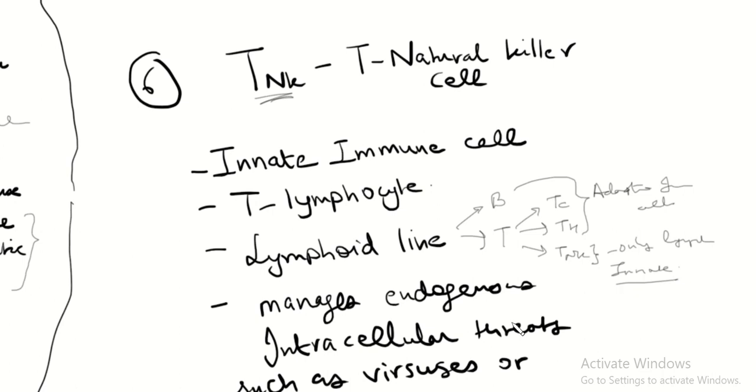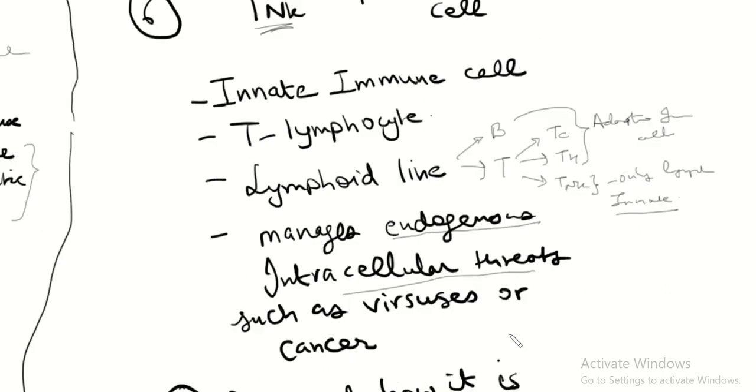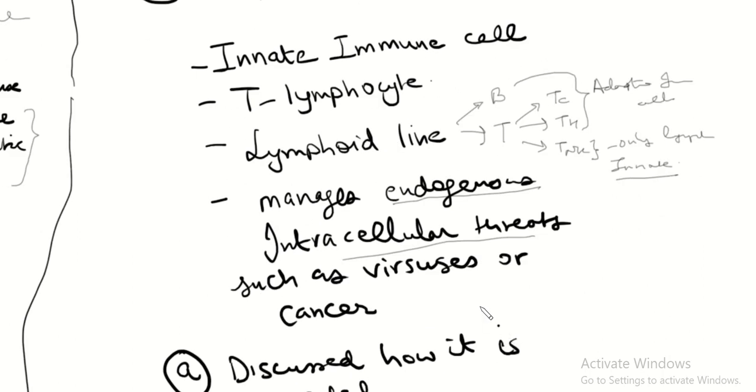Okay. Now, this natural killer cell does not manage extracellular threats like bacteria. It manages endogenous intracellular threats such as viruses or tumors. So what does that mean? That means viruses have to get inside the cell, integrate into the machinery of the cell, and only then are they able to function and do the damage.